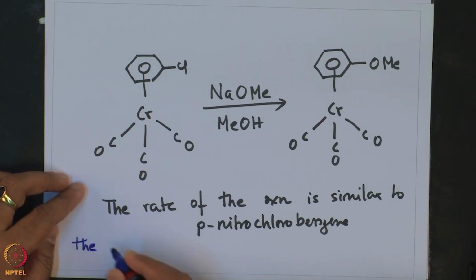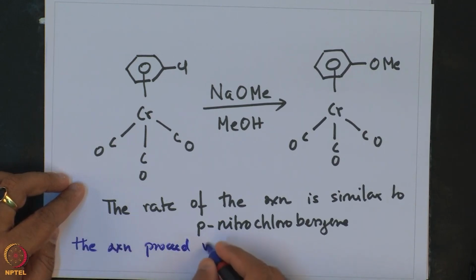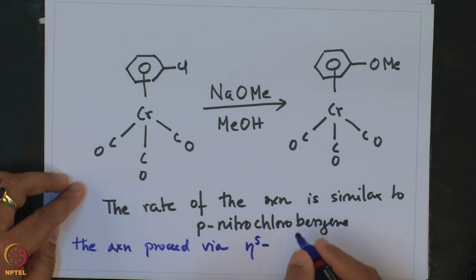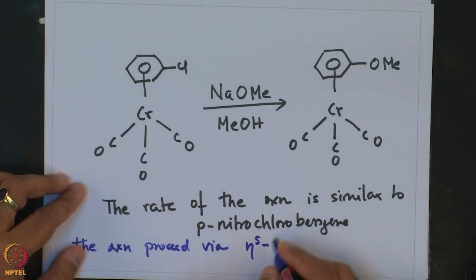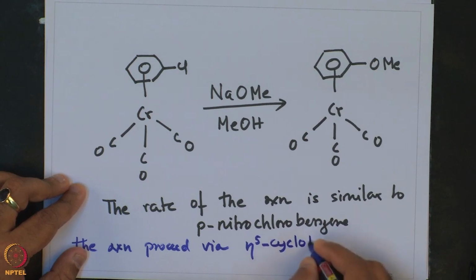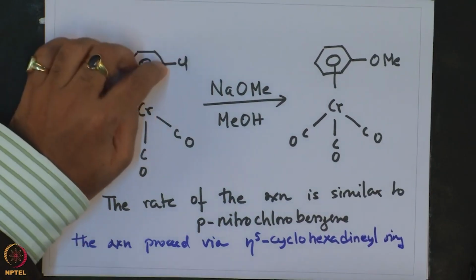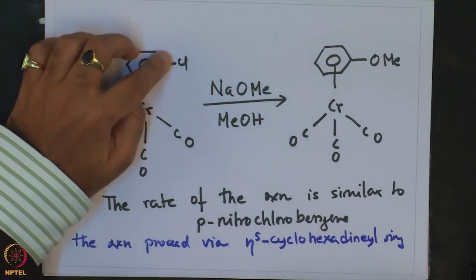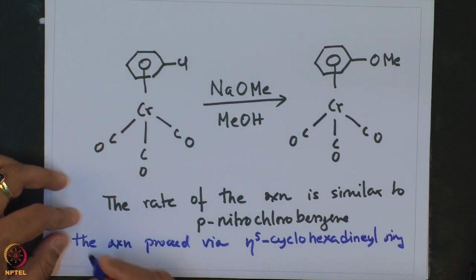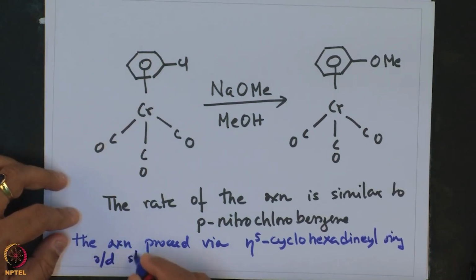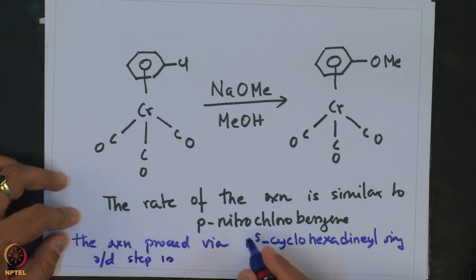The reaction proceeds via an eta 5 cyclohexadienyl ring, which means that the nucleophile attacks over here and it becomes a diene and aromaticity is lost, and the RD step is endo loss of the halide ion.